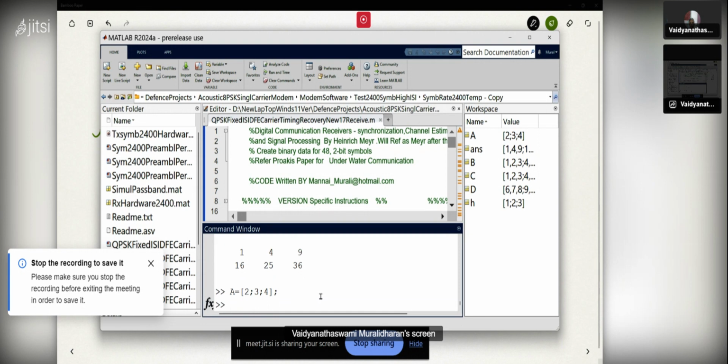What is A dot square? Each element is multiplied by the same element. 2 square is 4, 3 square is 9, 4 square is 16. Whereas A star A doesn't exist. We cannot multiply vector A by vector A. It gives an error.